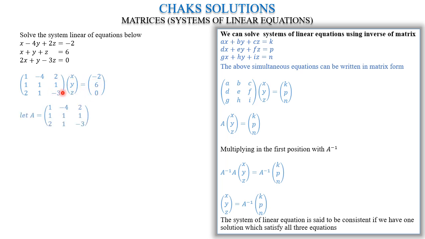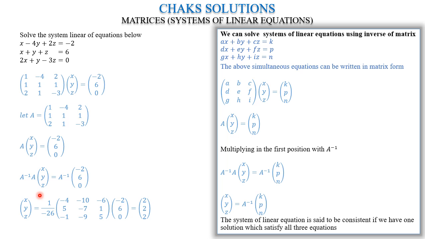Let A equal this matrix, whose inverse we need to find. So A times xyz equals minus 2 6 0. Now we multiply both sides by the inverse of A in the first position, so A inverse times A equals A inverse times minus 2 6 0.